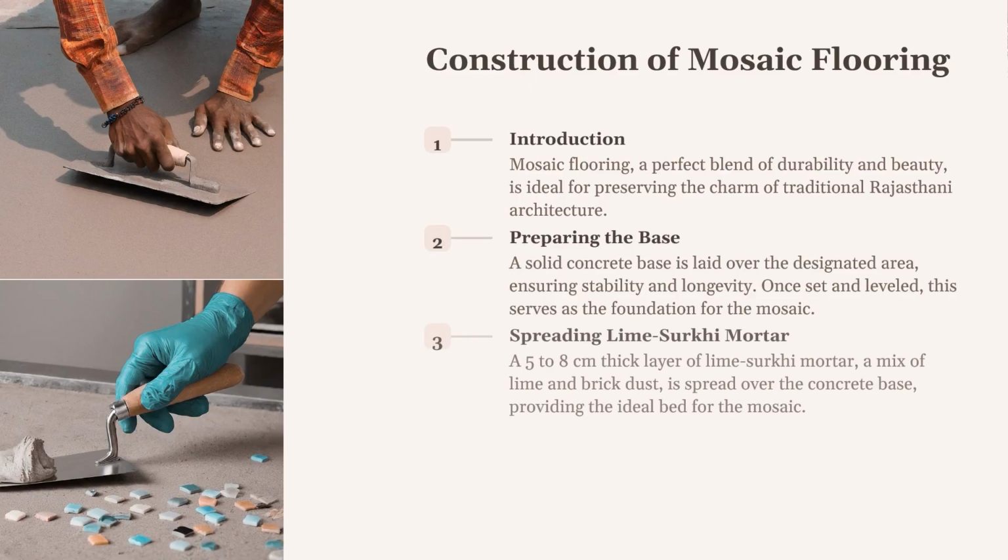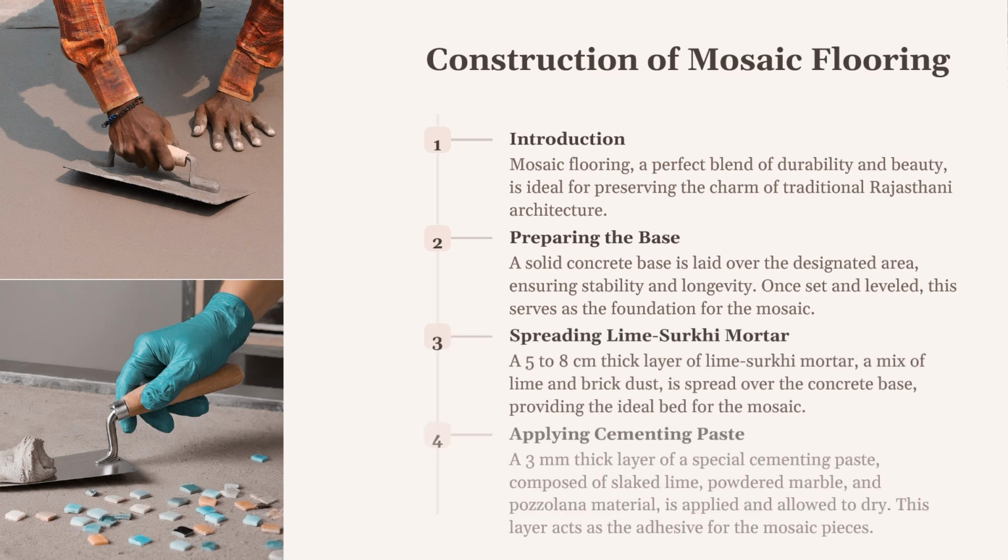Once the concrete is set and leveled, we are ready for the next layer, that is spreading lime surki mortar. Over our concrete base, we spread a 5 to 8 cm thick layer of lime surki mortar. This mix, made from lime and brick dust, that is surki, provides a perfect bed for our mosaic.